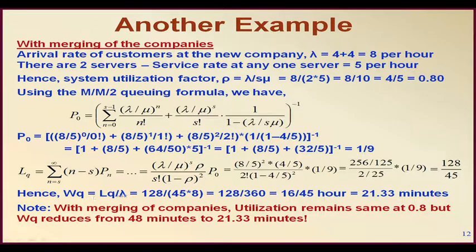So, WQ will be 128 by 45 divided by 8, which gives 128 by 360, that is 16 by 45 hour or 21.33 minutes. So, what happens? Utilization stays at 80%, but WQ reduces from 48 minutes to 21.33 minutes.